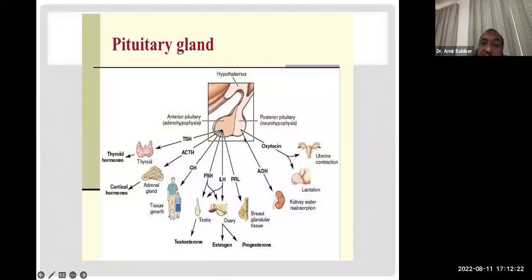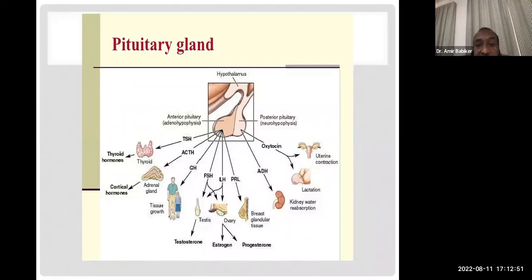The pituitary gland is called the master gland, which sends messages to other glands: the thyroid, the adrenal gland, the tissues that respond to growth, and the sex organs. Then the breast tissue, the prolactin, and the posterior pituitary has hormones that work on the kidney, the muscles of the uterus, and the muscles of lactation in the breast.